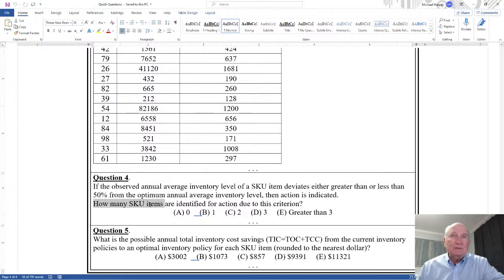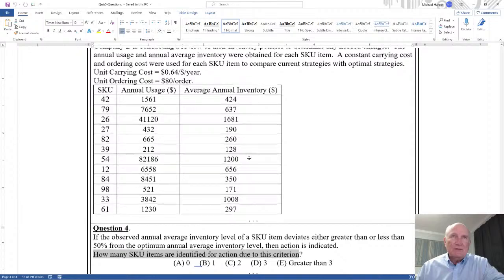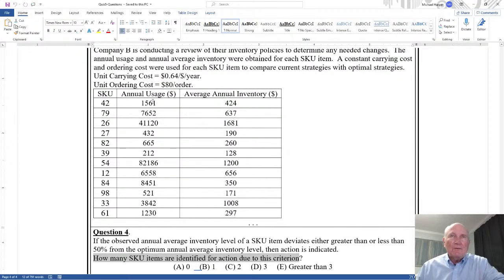How many SKUs are identified for action due to this criterion? 0, 1, 2, 3, or greater than 3, because there's a bunch of them here. Well, let's work this, and let me show you how to work this, mainly because this is a very practical problem. So let's bring up Excel.